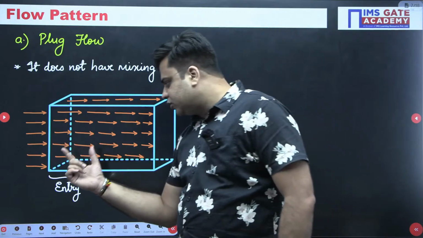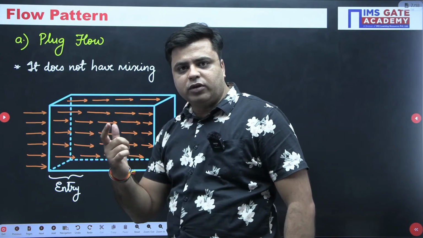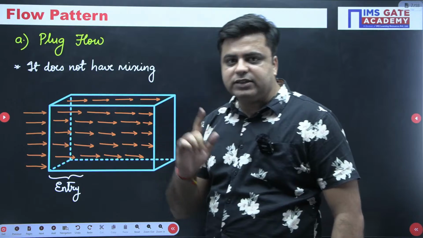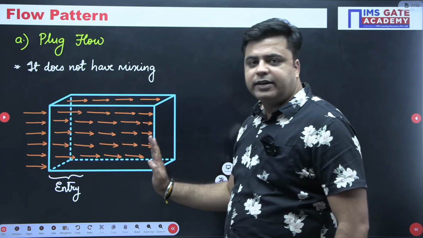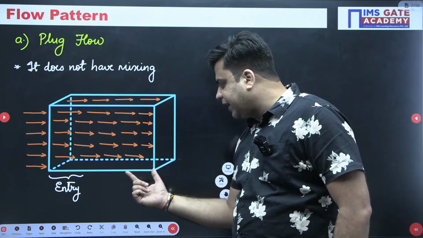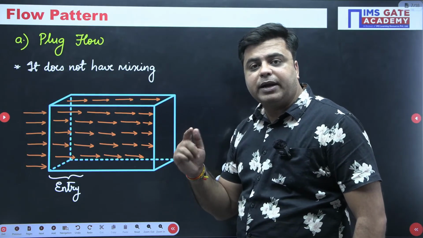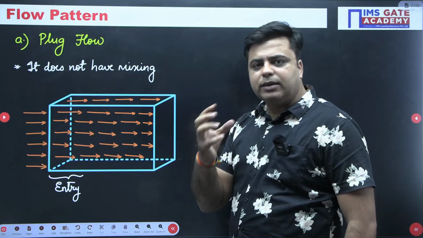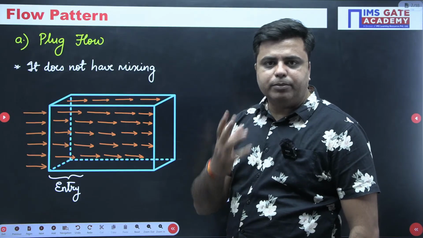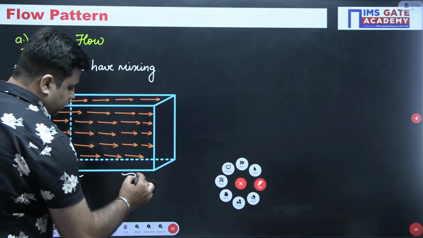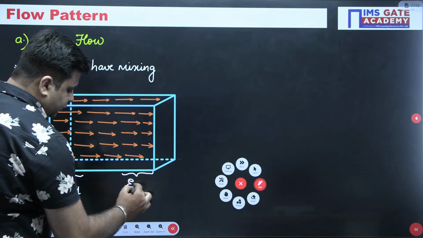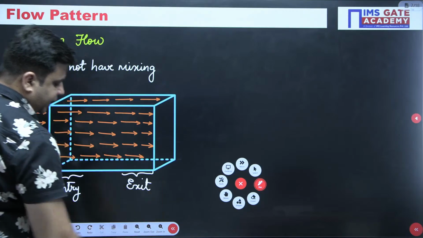In the initial portion, the amount of organic matter is more. The reason is decomposition has not started. But as the wastewater travels from entry to exit, on the exit side the amount of organic matter will be less because some organic matter has already been decomposed.